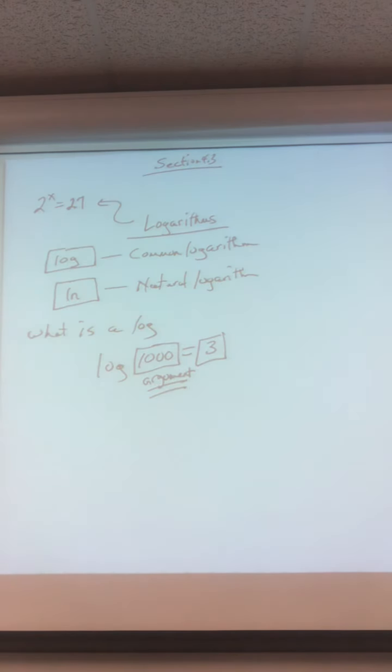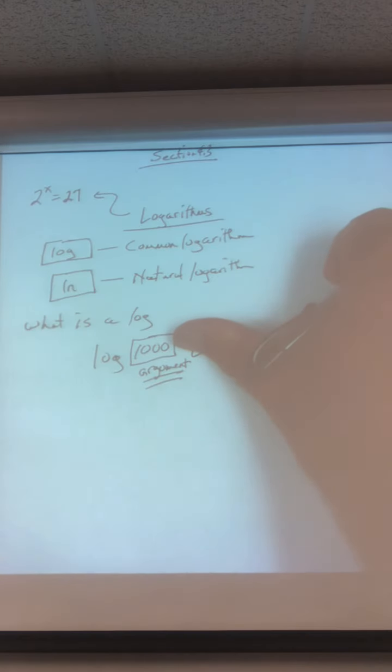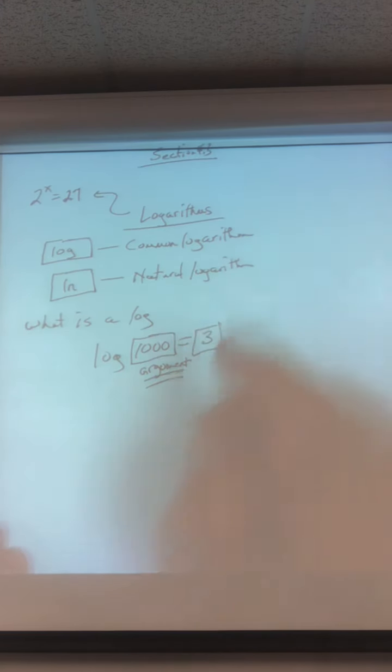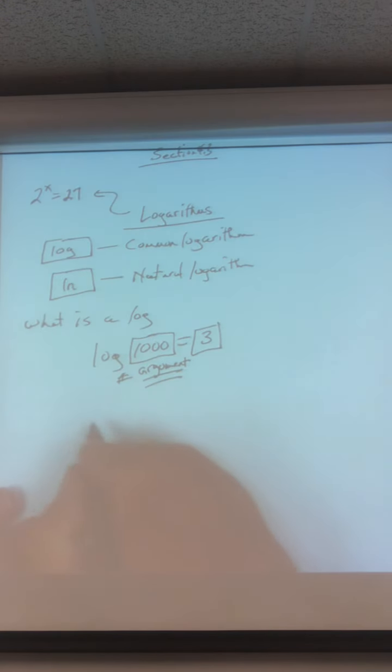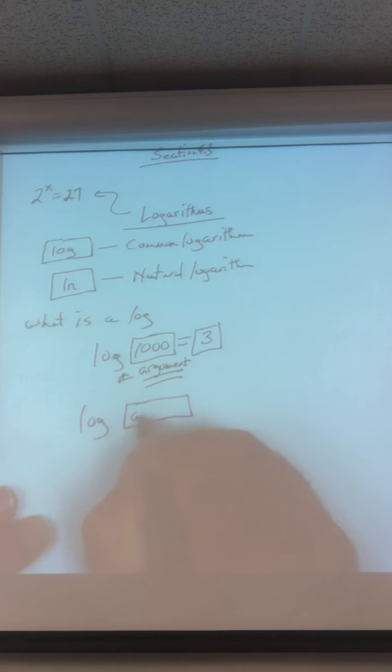That 1,000 there is called the argument. But there's another number over here, and you say, well, I don't see another number. That's because it's understood. There's a little bitty number that goes right here, but it's not written. That little bitty number that goes right here is what we call the base.